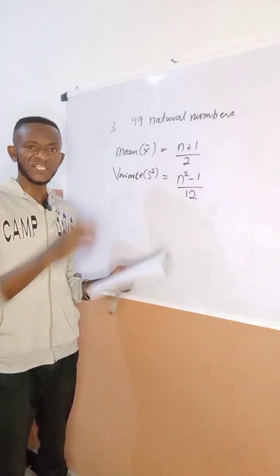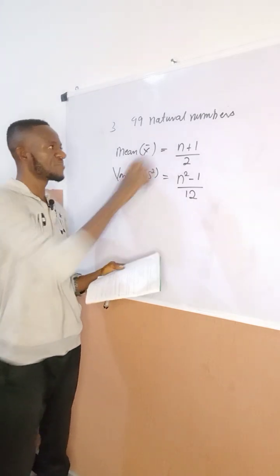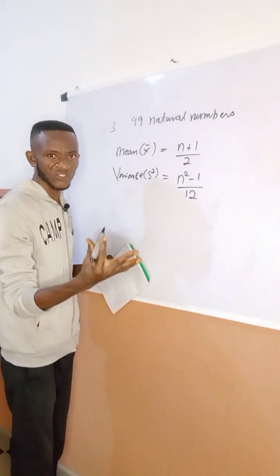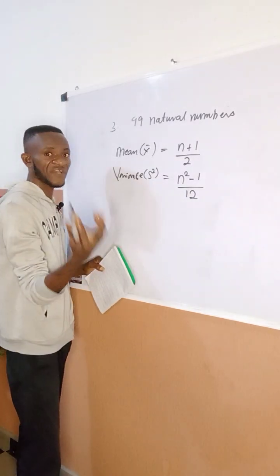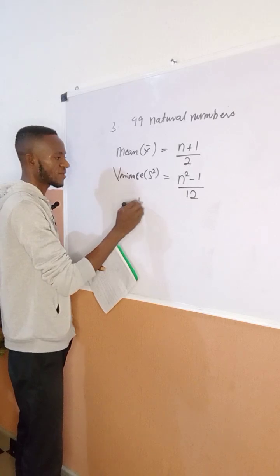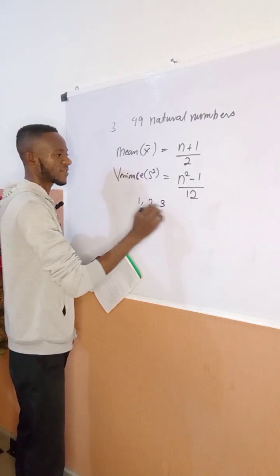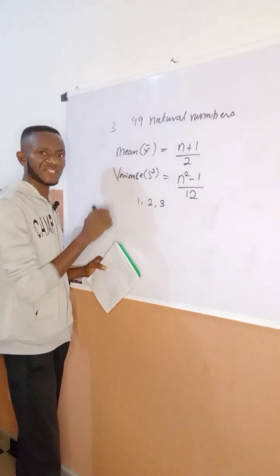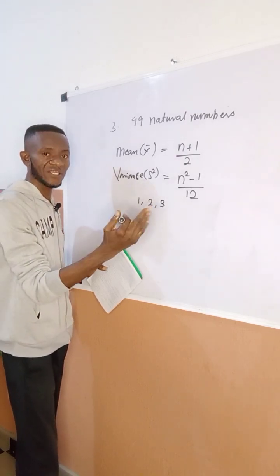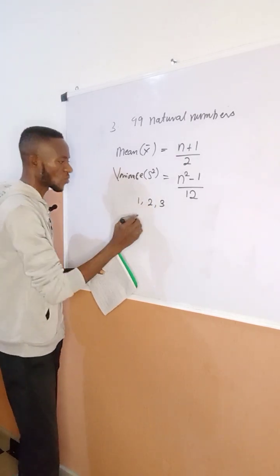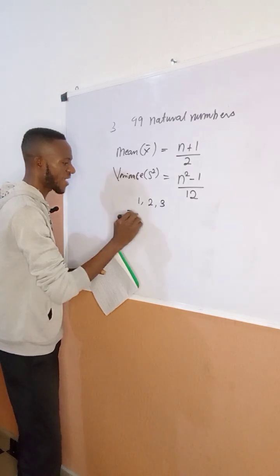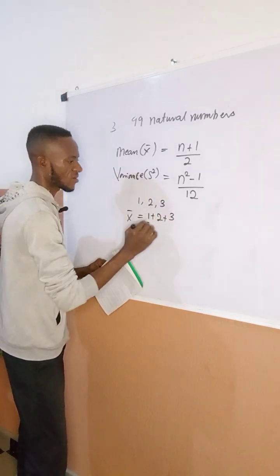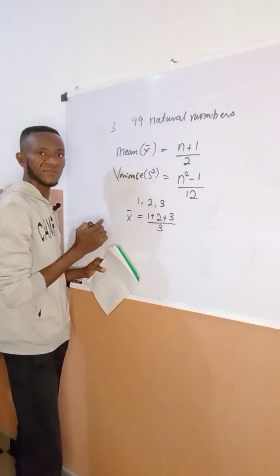And then let me now do a little illustration to help you see what we mean by this. For instance, we are talking about the first 3 natural numbers. The first 3 natural numbers are 1, 2, and 3. When you are told to find the mean of these, ordinarily what we could have done is to say that the mean x bar is given as 1 plus 2 plus 3 all over 3.